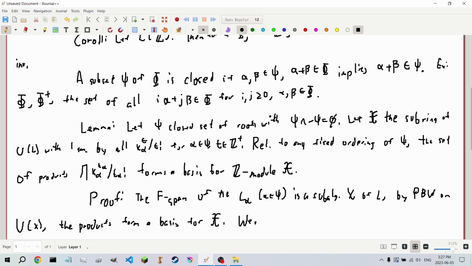So we show the coefficients lie in the integers.